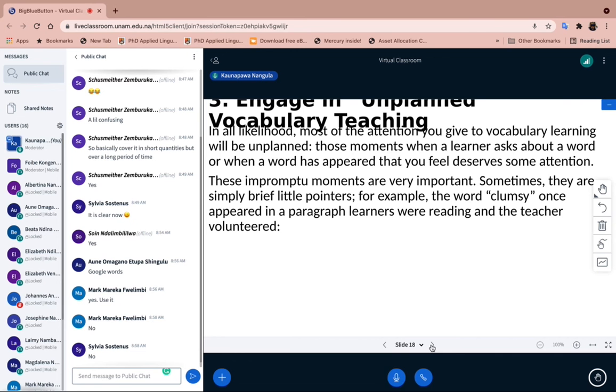Because at times, you come into the classroom with your vocabulary list that you want to cover with your learners. But then as you read the text, there will be instances where there is a word that the learners do not understand, but it's not part of your vocabulary. So you have to focus on that word, but it's a word that you did not plan. That's why they say unplanned vocabulary teaching.